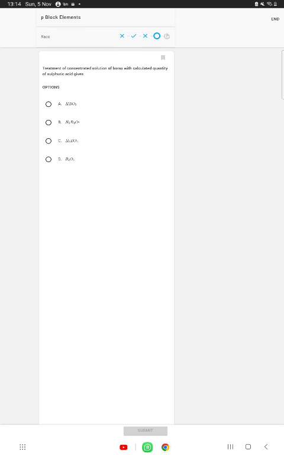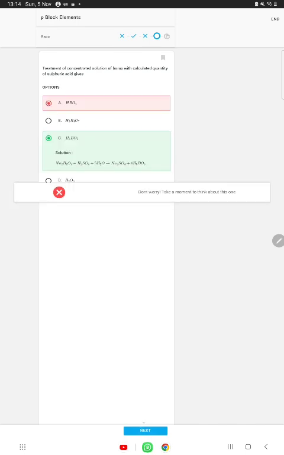So borax means loss of water. So HBO2 may be given student because sulfuric acid is the dehydrating reagent. So H3BO3 is there, student.